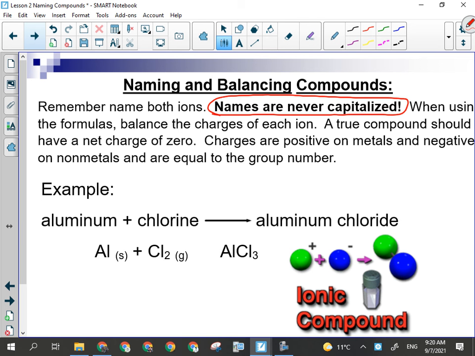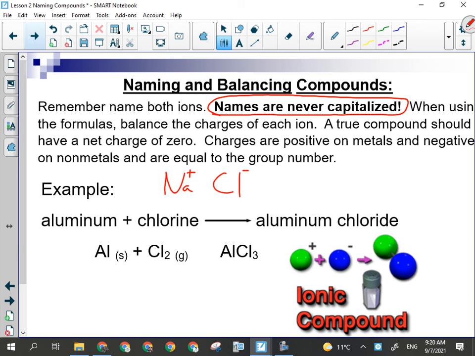Okay, a true ionic compound has no charge, because the positives and negatives are going to balance each other out. We saw that with sodium. Sodium was going to give up one electron and have a positive 1 charge. Chlorine was going to take that electron and have a negative 1 charge. Those add up to neutral. Yeah, they add up to 0.